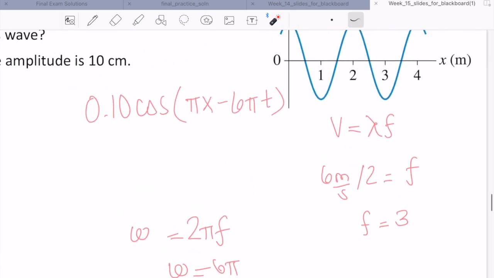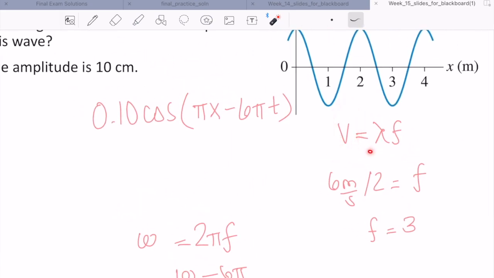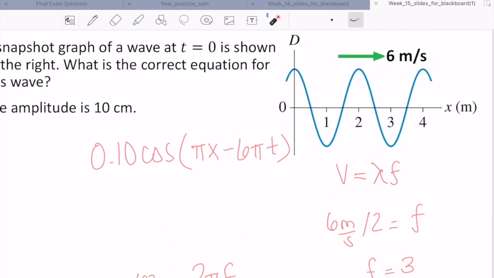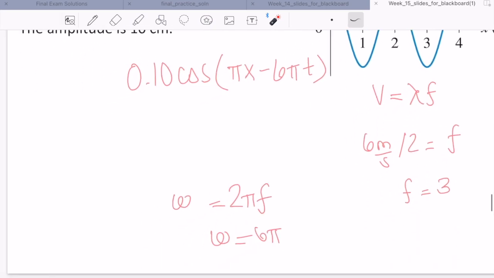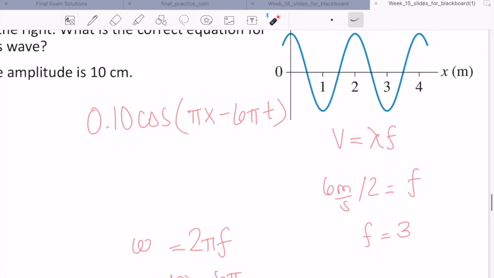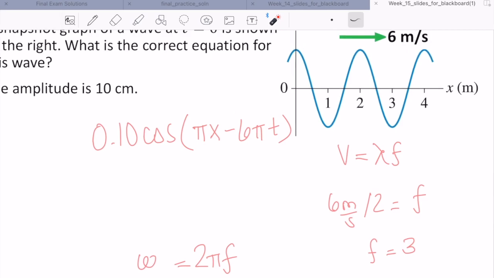That's just your regular frequency. Then your angular frequency is 2 pi times that frequency, so 2 pi times 3 gives 6 pi radians per second. So it should just be minus 6 pi t. That's pi x minus 6 pi t.